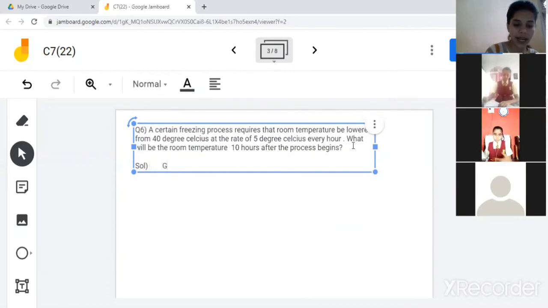First of all, we will write the given things. Given. What is given to us? Present room temperature equals 40 degrees Celsius.